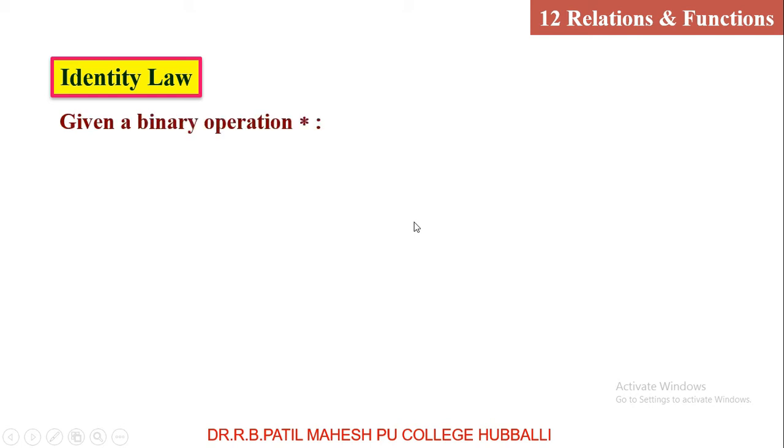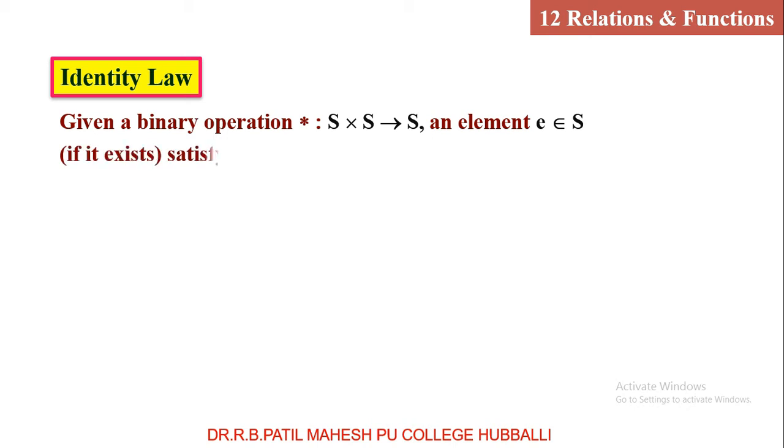Definition: given a binary operation star from S cross S to S, an element E belongs to S, if it exists, satisfying A star E is equal to E star A is equal to A for every A belongs to S. Students, this is the definition of identity law. Try to understand.